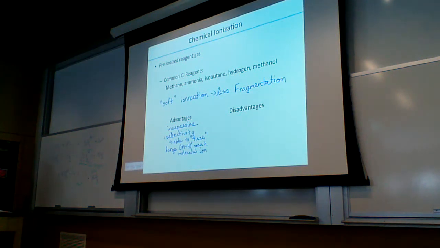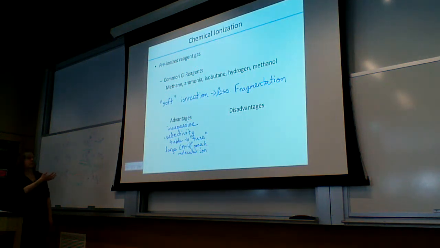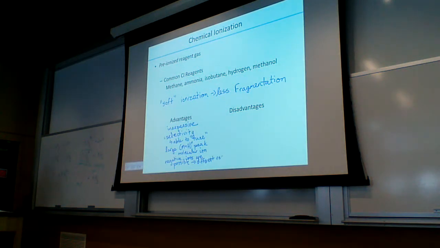So where the electron impact ionization technique doesn't necessarily show a molecular ion, chemical ionization almost always does. So that can be a benefit here. And negative ions are possible. This requires different reagent gases.